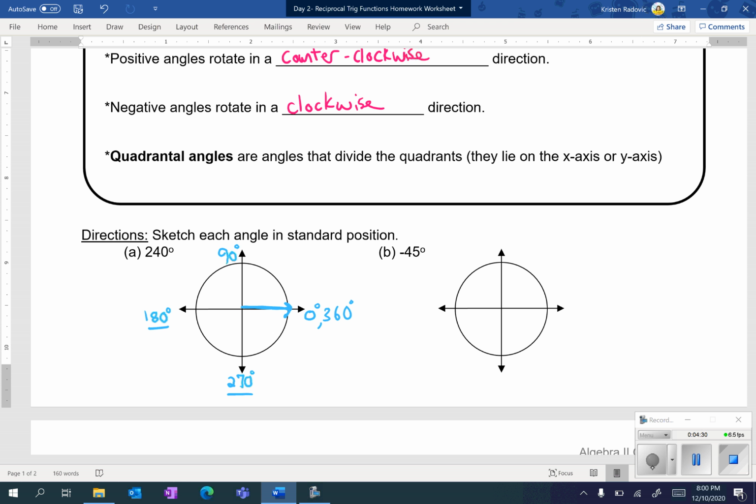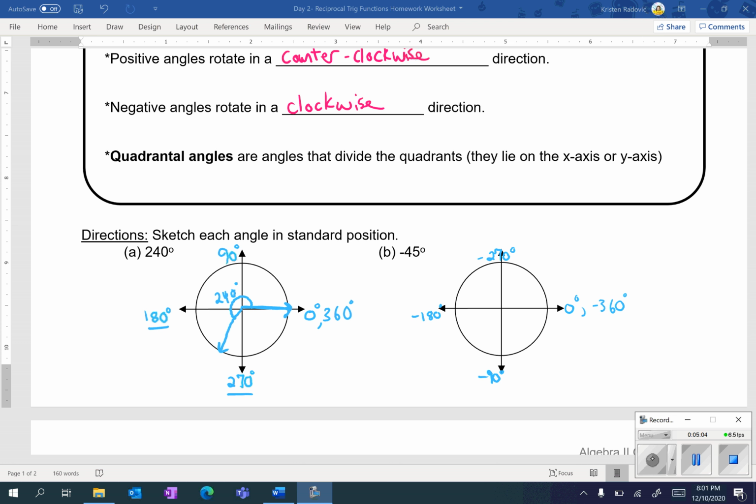But 240 is closer to 270 than it is to 180, so I'm going to put my terminal side closer to 270. You're not done yet. You need to show which way this angle opened. Did you go up and around or down and around? Because it's a positive 240, we start at the initial side and go up and around and label it 240 degrees.